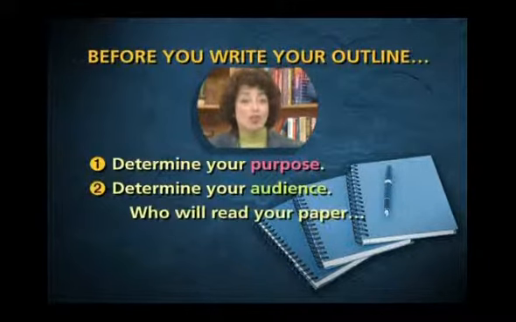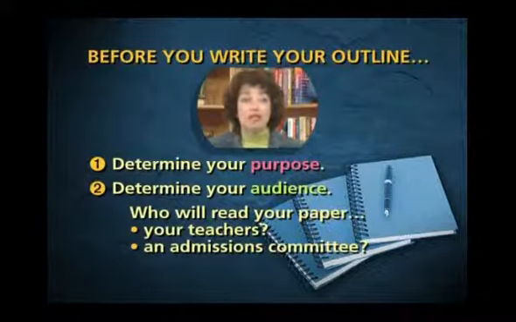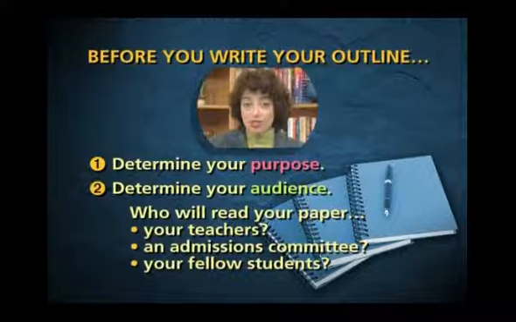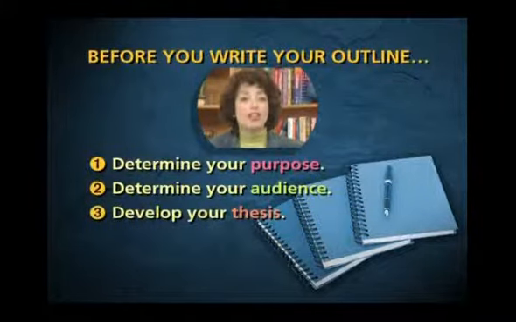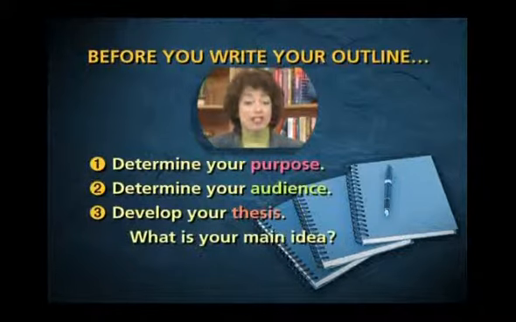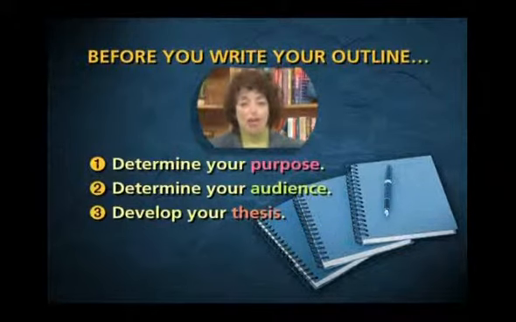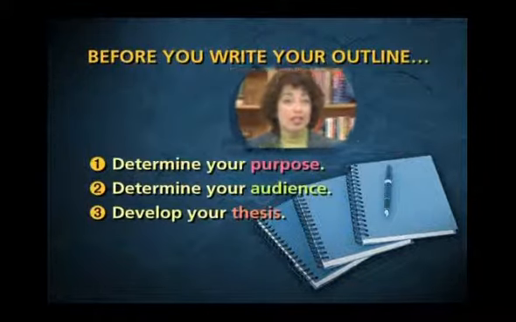The audience are the people who will read your paper. It might be your teachers, it might be an admissions committee, it might be your fellow students. It might be all of those people. Third, develop the thesis of your paper. Remember, the thesis is the main idea. So to recap briefly, before you plan and do your outline, you're going to determine your purpose, your audience, and your thesis.